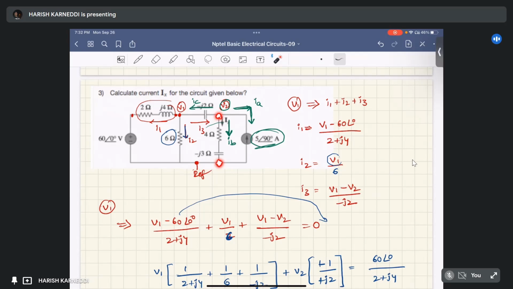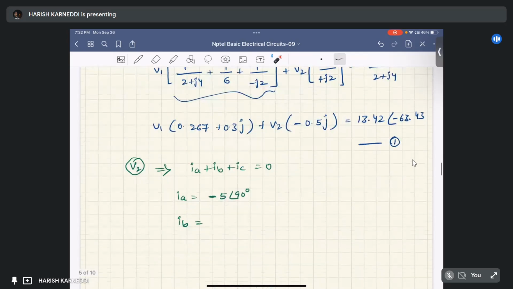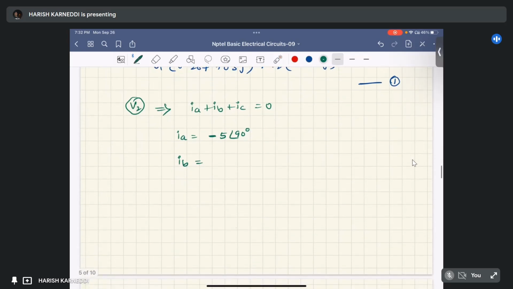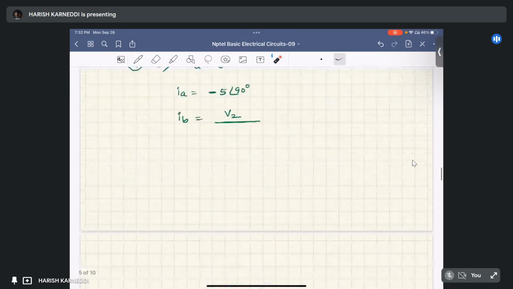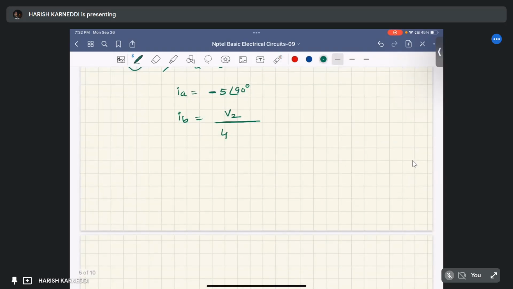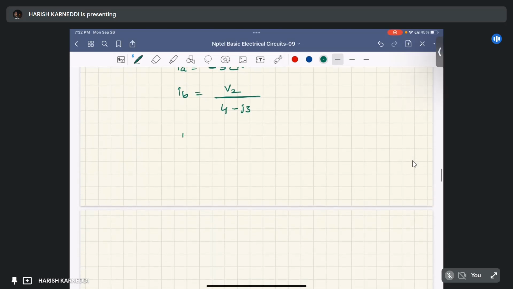So we can write IB equal to the voltage across this impedance, V2, by the total impedance. These two, 4 ohm and minus j3 ohm, are connected in series, so the total impedance is 4 minus j3 ohm.